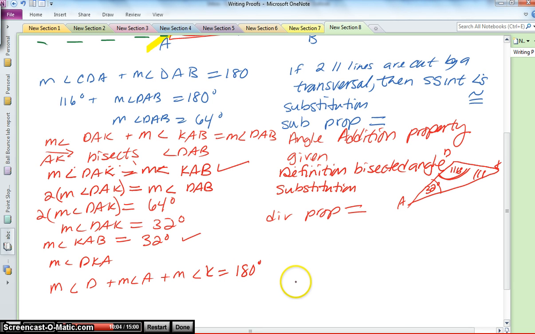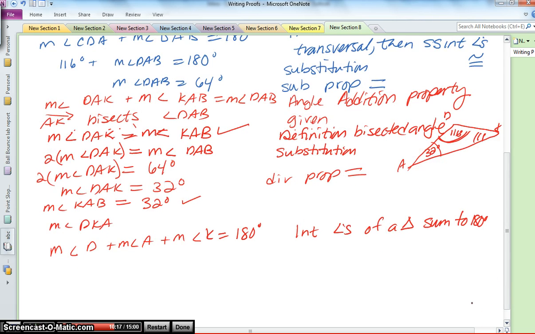180. And that's because the interior angles of a triangle sum to 180 degrees. So we have a 116 plus a 32 plus measure of angle K equals 180.